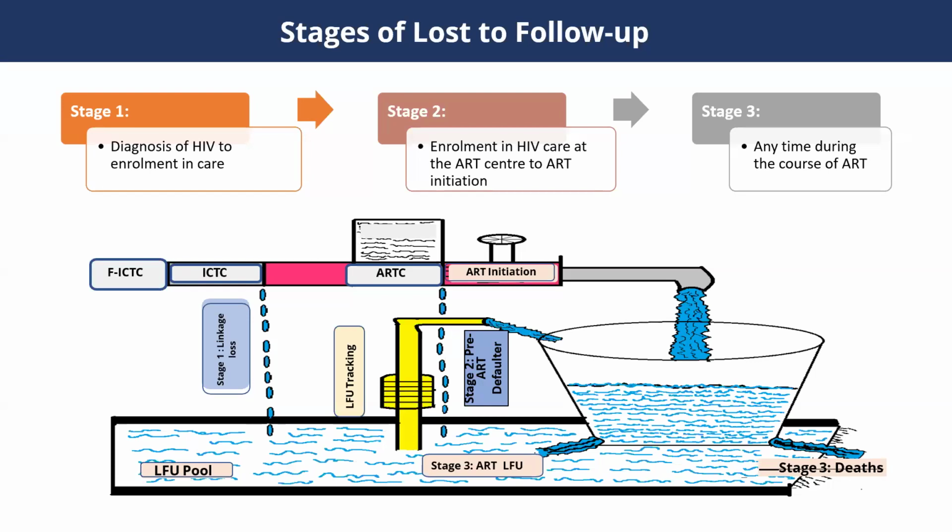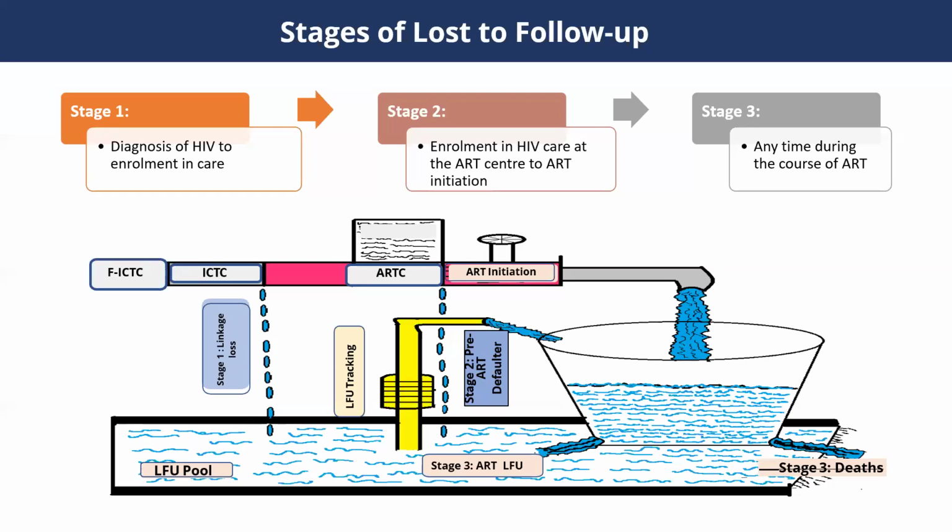This is one loss, and it is very important as part of the MPR. When you monitor your own center, you have to see the number of patients who are registered and the number put on ART. If there are patients not yet put on ART, these are the patients you are missing out and who will potentially be missed.